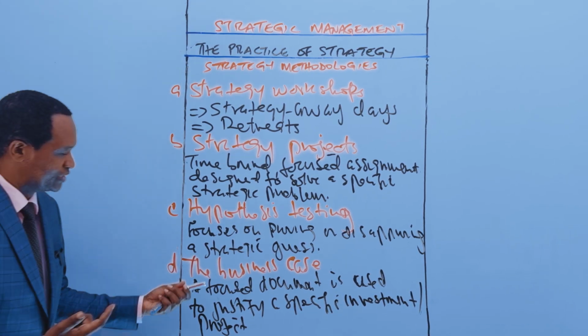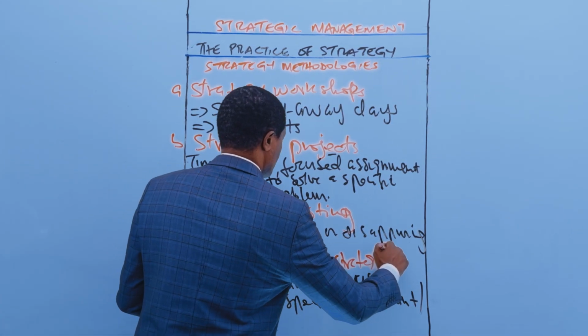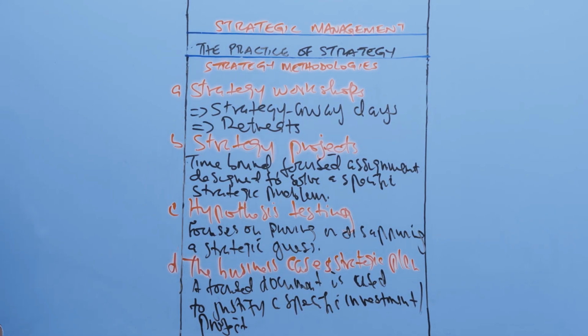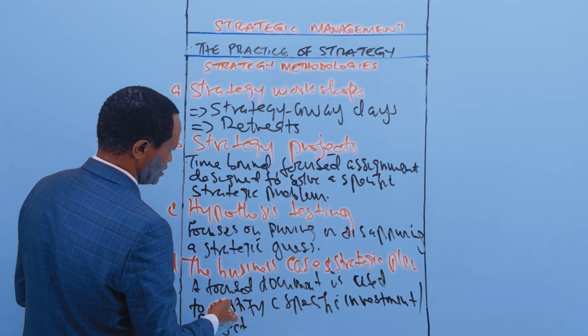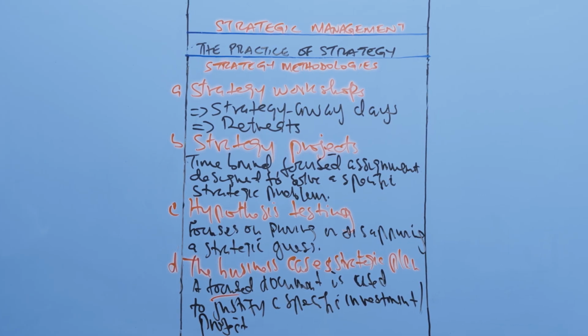So we have the business case. We can even combine it with the strategic plan. Now, what we have described here is the business case, but the strategic plan is a comprehensive document outlining the overall direction of the entire organization for a period of 3 to 5 years. The key components are the mission, the vision, environmental analysis, and the strategic objectives.